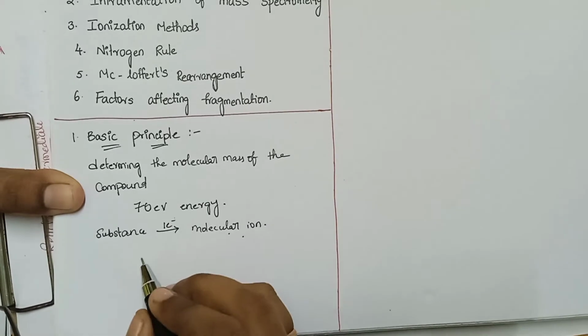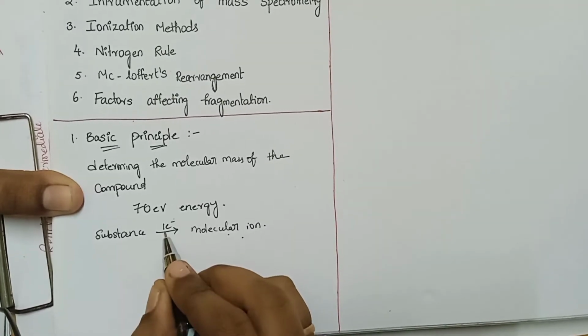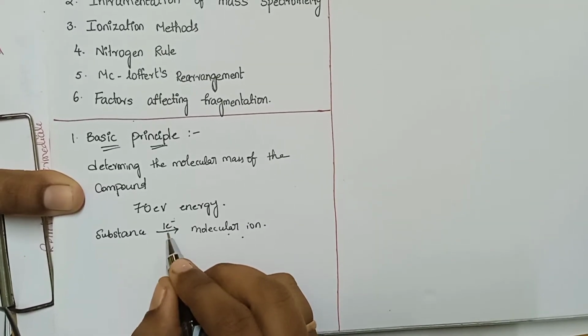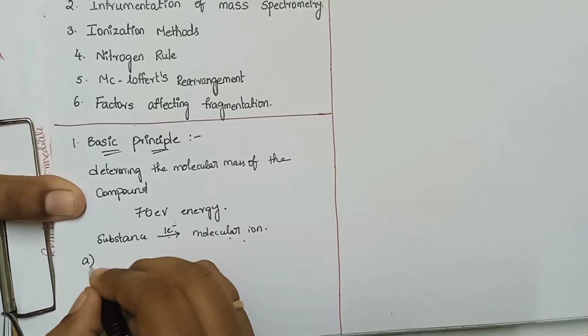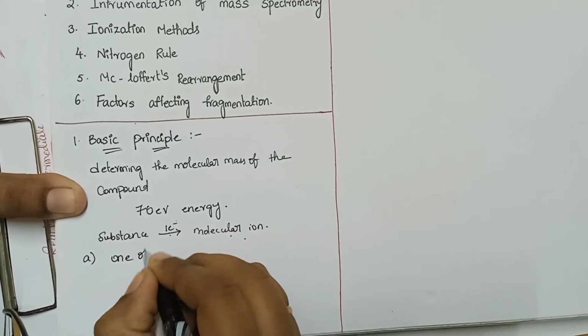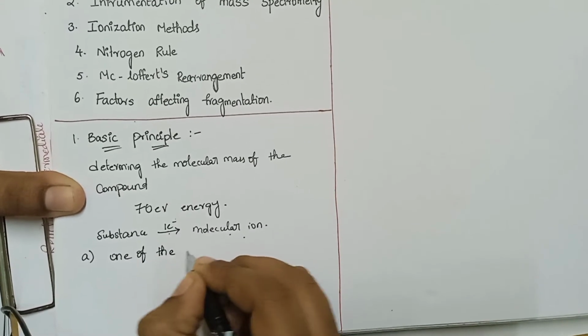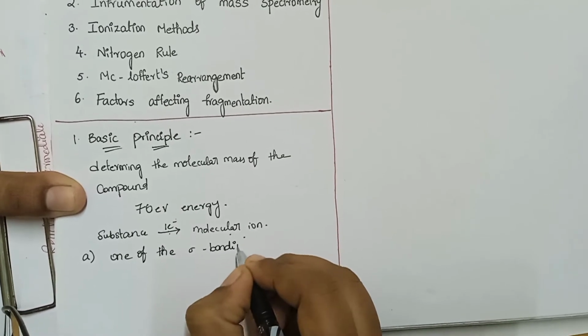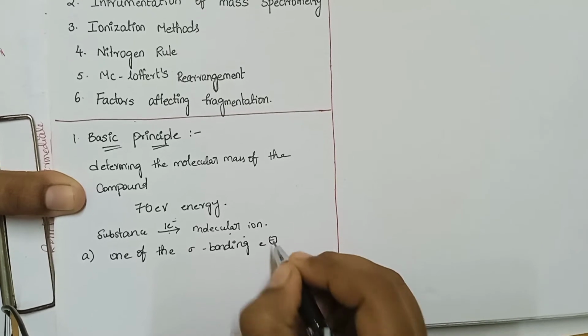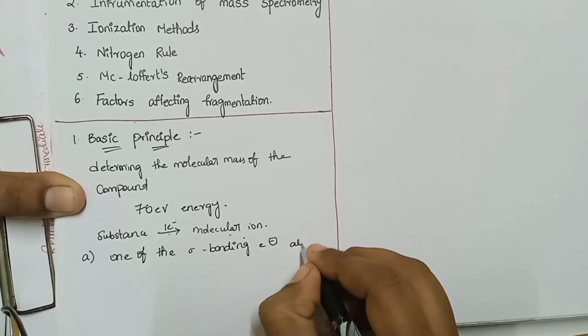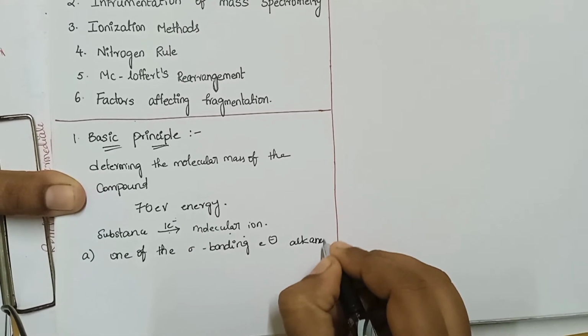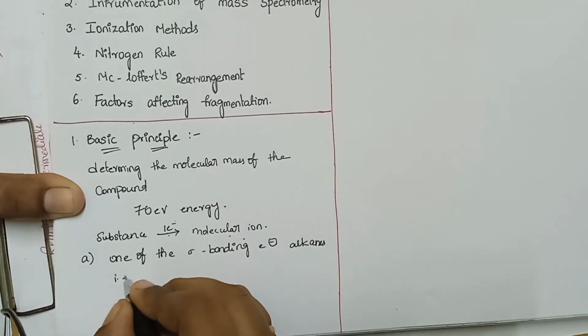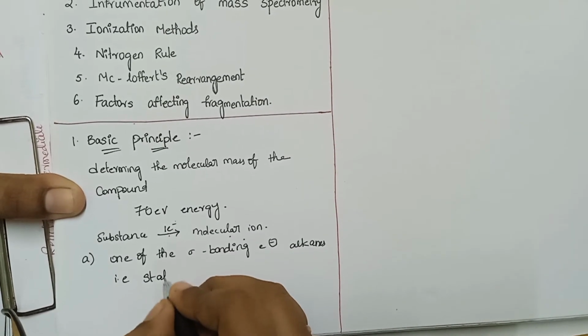The single electron is lost from one of the sigma bonding electrons in the case of alkanes, that is, saturated compounds.